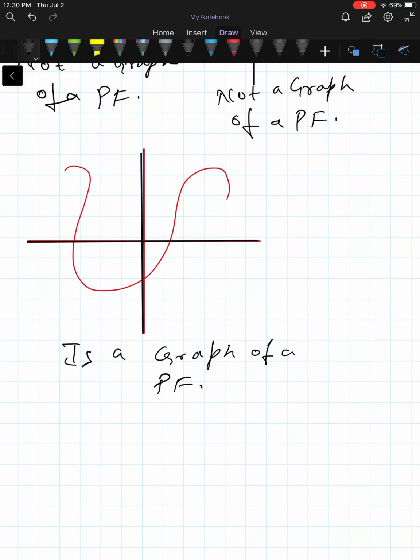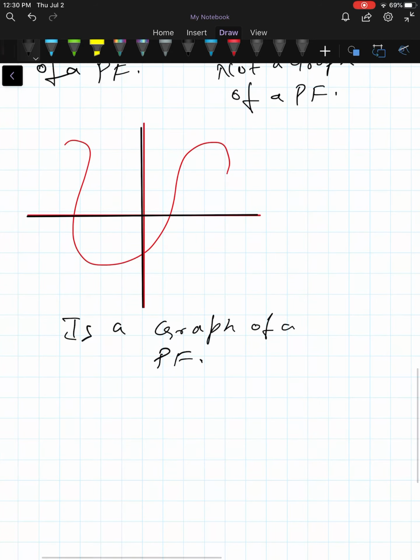The domain of a polynomial function is the set of all real numbers. So we can sketch only a small portion of the graph. We cannot include negative infinity to positive infinity, but we can sketch a small portion. For the values of x outside the portion of the graph we have drawn, we can describe the behavior of the graph. That is nothing but the end behavior.